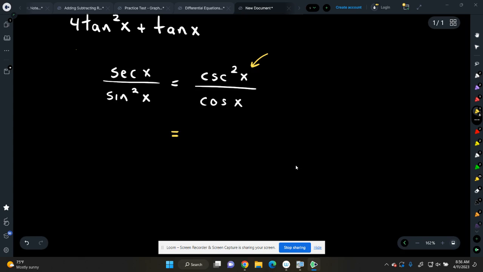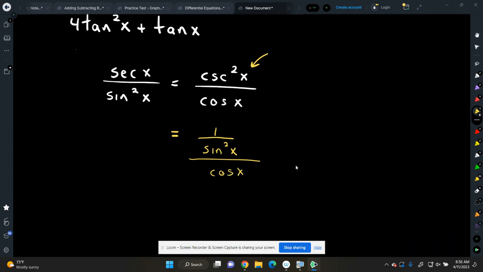And what was your first instinct when you saw cosecant? Instead of doing the 1 minus cotangent, what were you thinking? What's cosecant? 1 over sine, right? So we can write this as 1 over sine x. And already I can see that that's looking good.